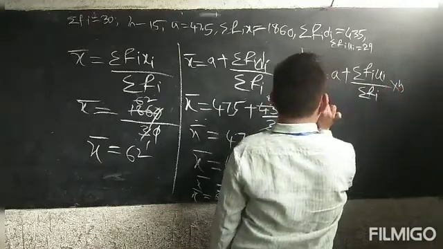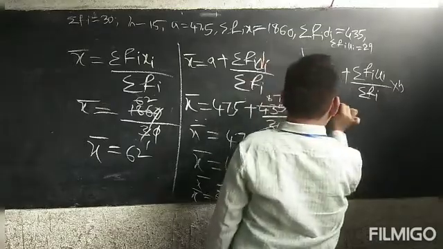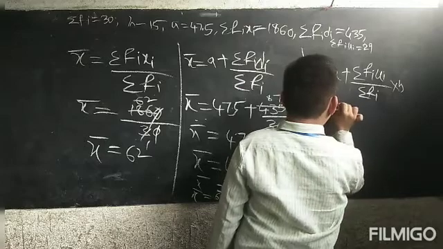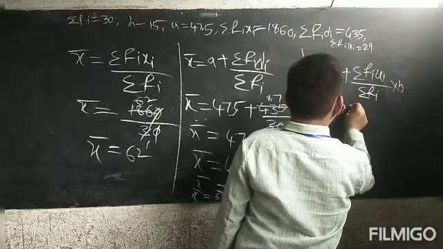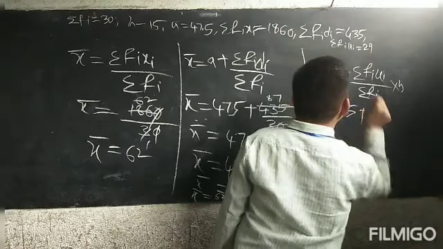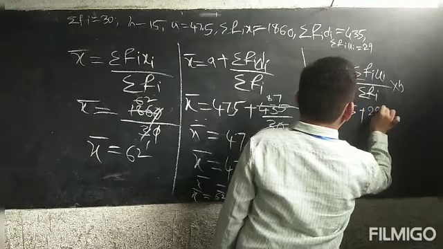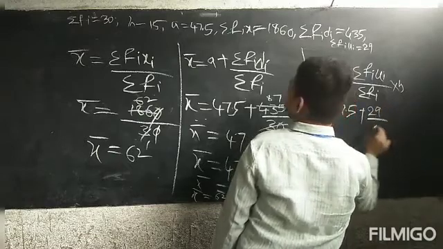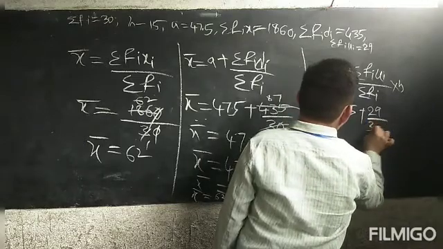So x bar equal to 47.5 plus 29 by 30, sigma fi is 30.